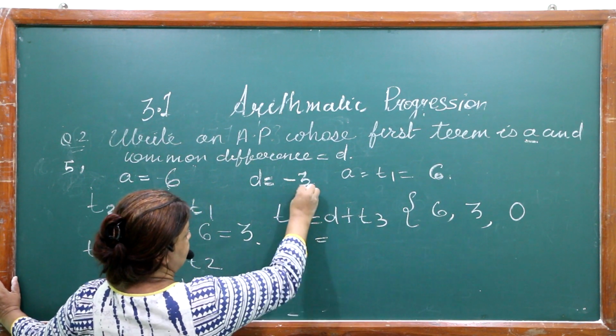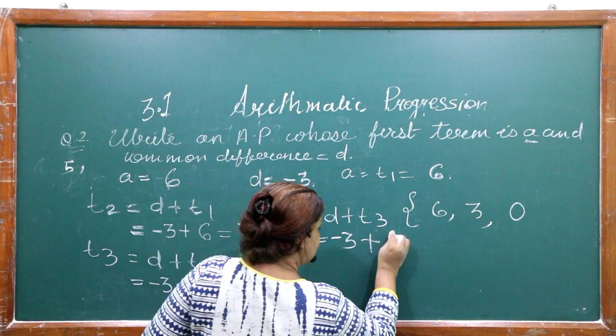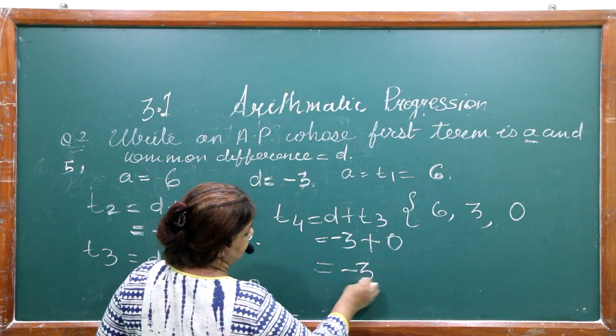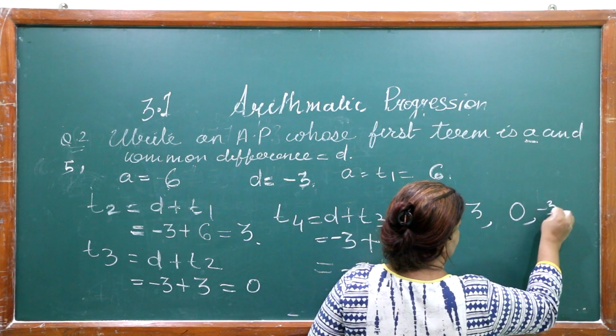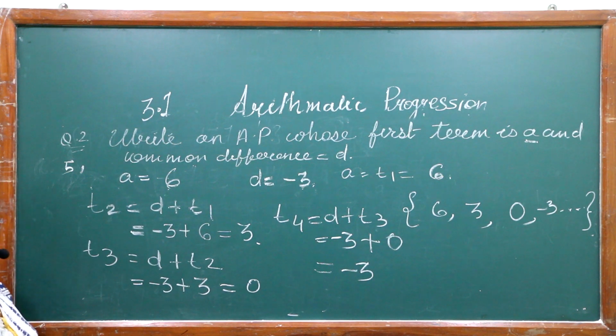D is minus 3 plus term 3, which is 0. The answer is minus 3. And this was the 5th if you have copied.